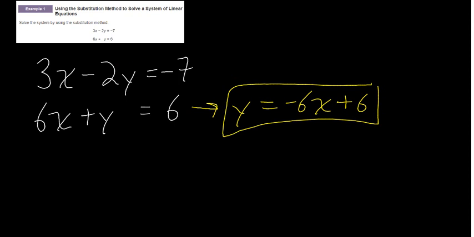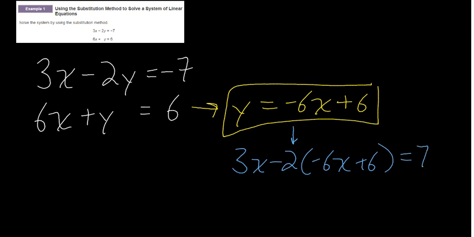Okay, we'll just make it flow. So we're going to say 3x minus 2y, but y here is going to be -6x plus 6. That's equal to -7. Okay, we're going to do the arithmetic here now.